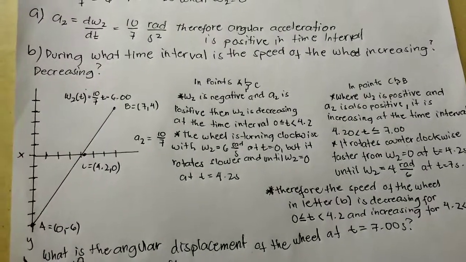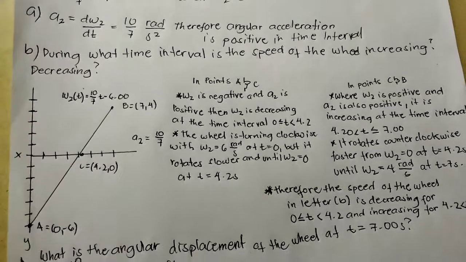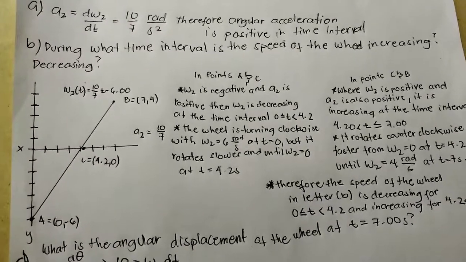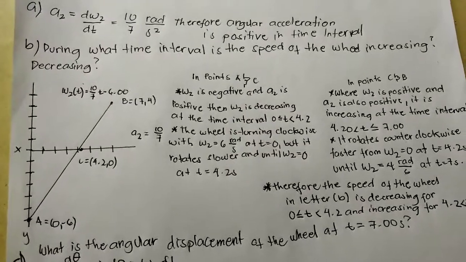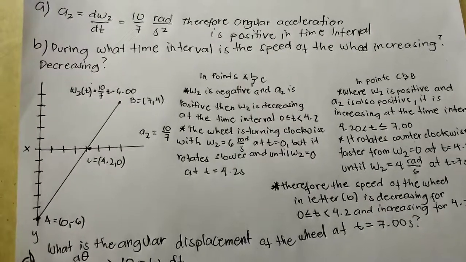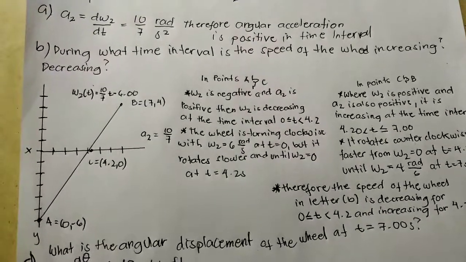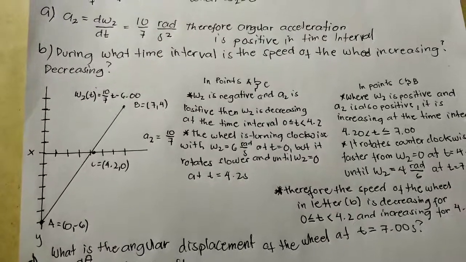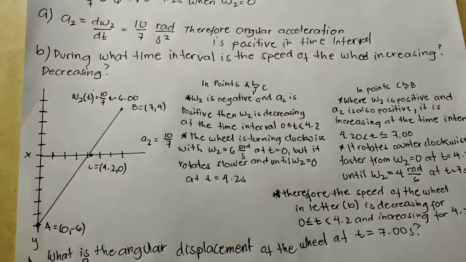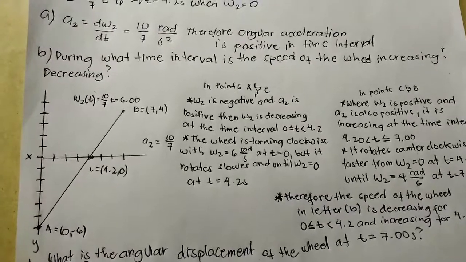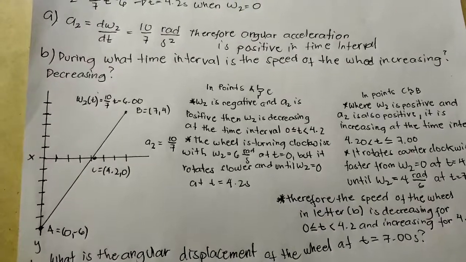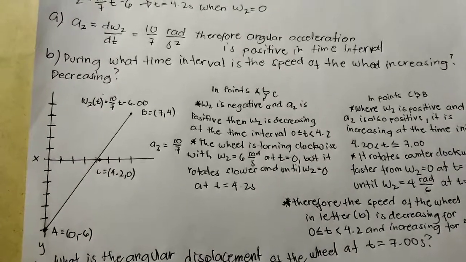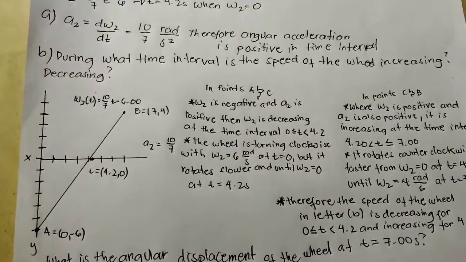Question B: during what time interval is the speed of the wheel increasing or decreasing? As we can see in the graph, point A is x is 0 and y is negative 6, B is x is 7 and y is 4, and C is 4.2 and 0.